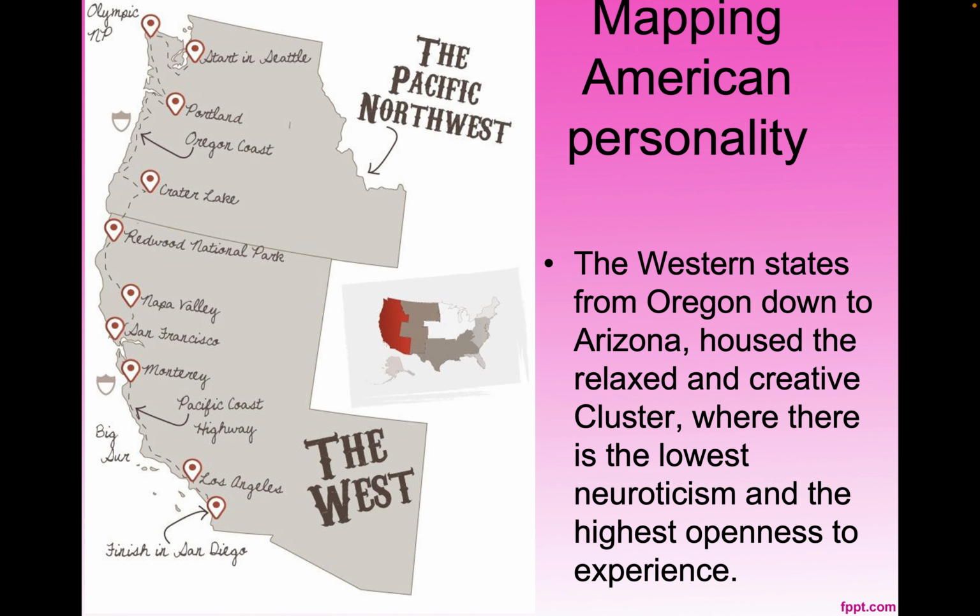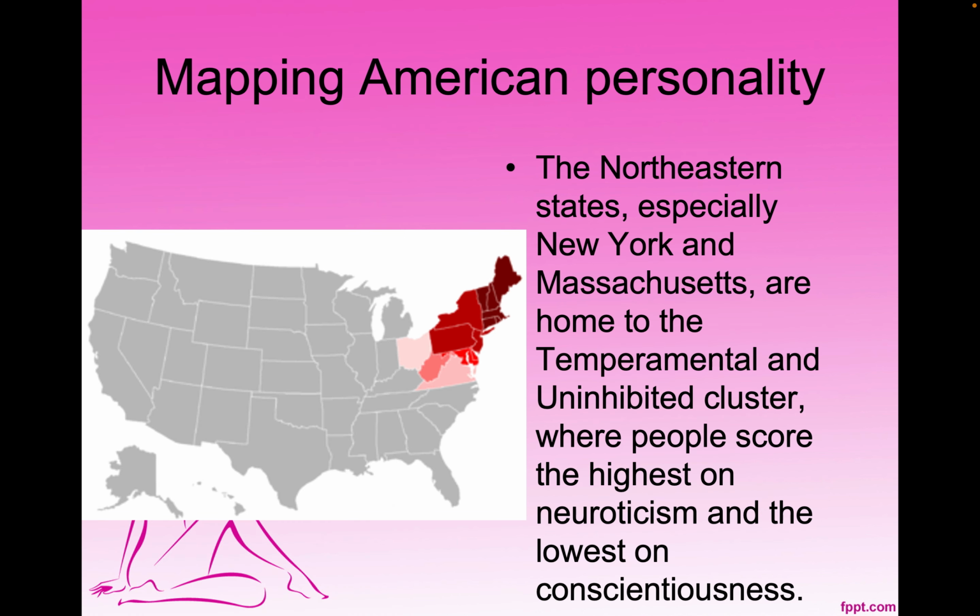The western states from Oregon down to Arizona house the relaxed and creative cluster, where there is the lowest neuroticism and the highest openness to experience. The northeastern states, especially New York and Massachusetts, are home to the temperamental and uninhibited cluster, where people score the highest on neuroticism and the lowest in conscientiousness.